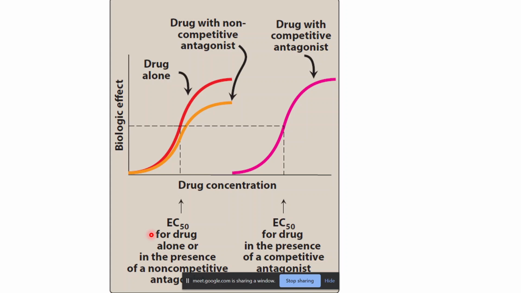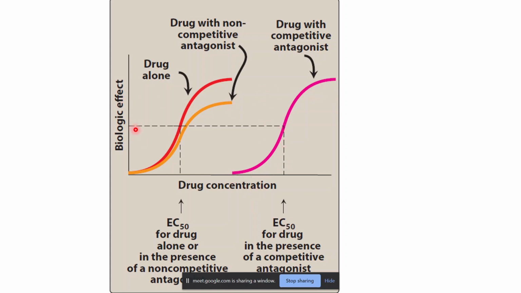Antagonism may occur either by blocking the drug's ability to bind to the receptor or by blocking its ability to activate the receptor. So this is a competitive antagonist, and this is a non-competitive antagonist.